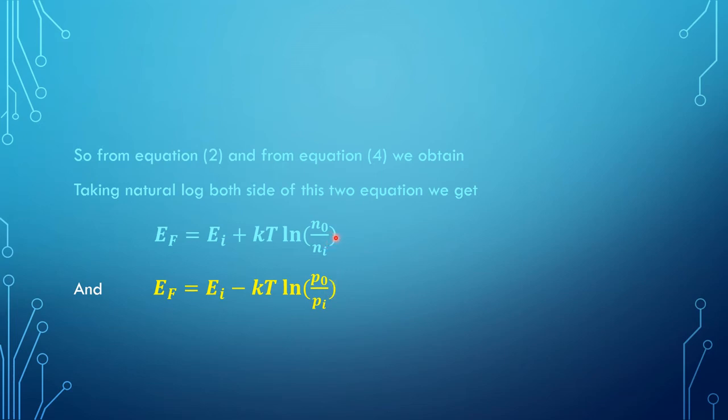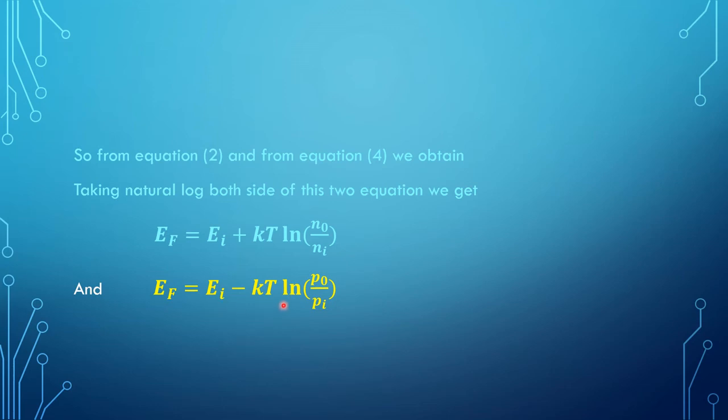The first is for electron concentration, the n-type extrinsic semiconductor Fermi level position, and the second is for hole concentration, the p-type extrinsic semiconductor Fermi level position.